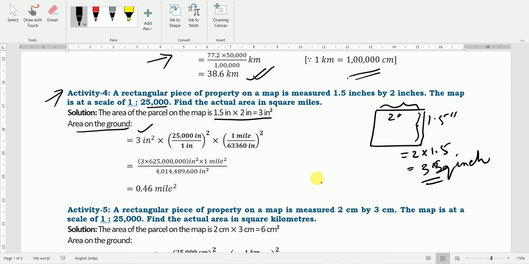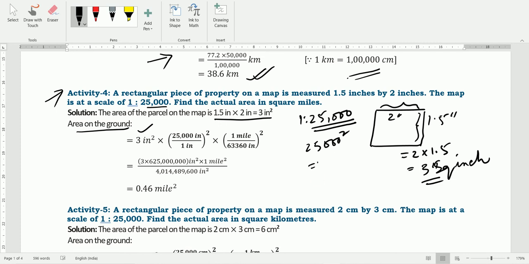Here it is to be squared, because this scale indicates only the distance. For example, 1 is to 25,000. This scale factor indicates only the length or the distance. So to find the area, it has to be squared. Here 25,000 must be squared.